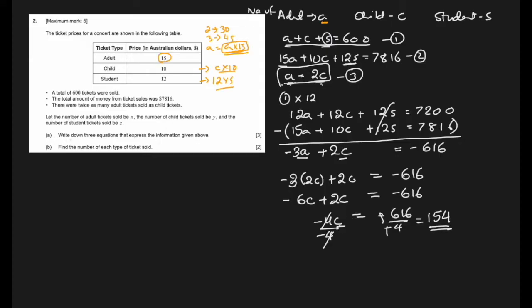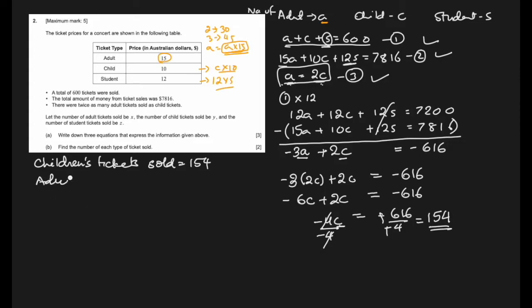What is the A part saying? Write down 3 equations that express the information given. Now I have already done that without reading the question. Find the number of each type of ticket sold. So we'll write first, children tickets sold are 154.